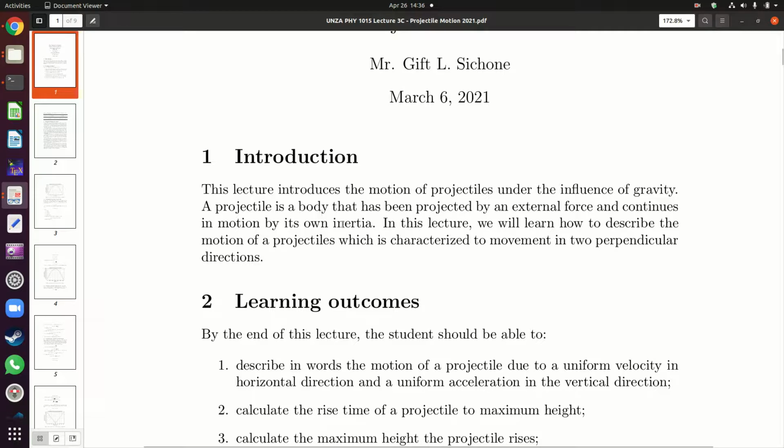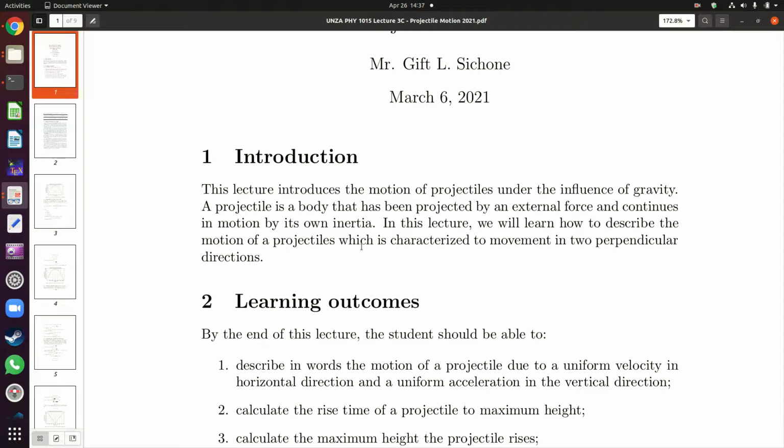The projectile moves horizontally, and it also moves vertically. So there's horizontal motion, and there's also vertical motion.